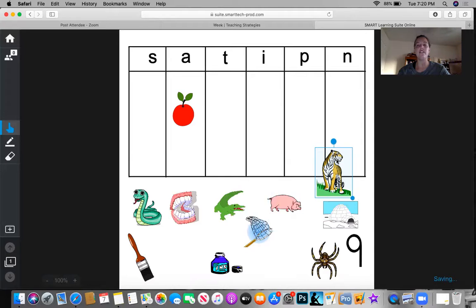Oh, we kind of froze. Oh, phooey. All right, but that's okay. We can still talk it through for a second. All right, tiger. What letter do you think that will go under? I'm sure you already know. T, t, t, T. Tiger. Oh, my lands.